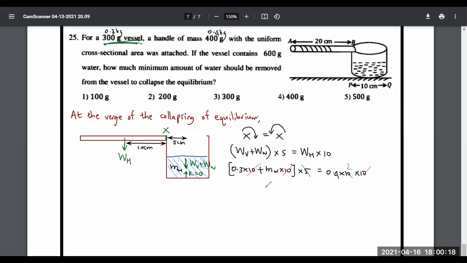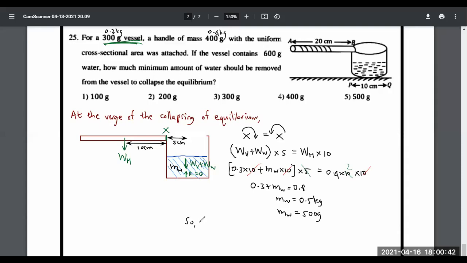Therefore, final answer: here I will have 0.3 plus MW. On the right side, it is 0.4 into 2, that is 0.8. So MW is equal to 0.8 minus 0.3, that is 0.5 kilogram. So MW is equal to 500 grams. 500 grams of water is remaining in this vessel.